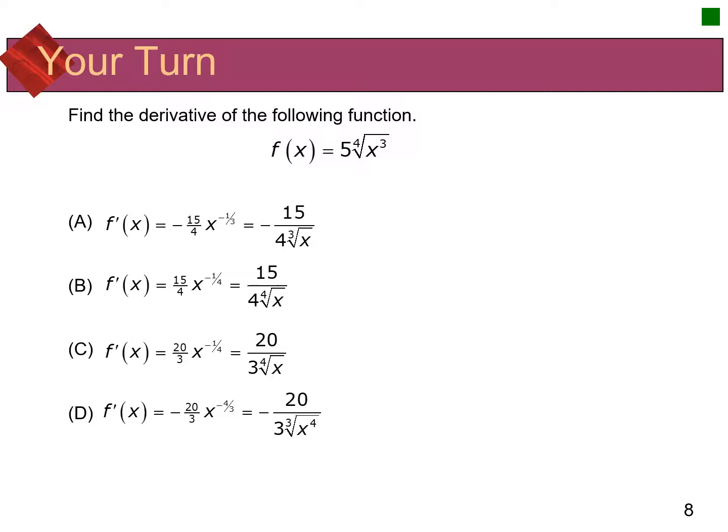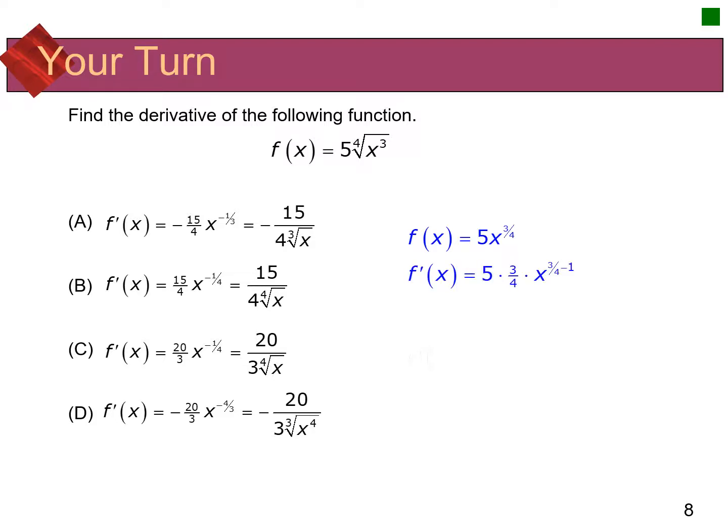So the first thing I do in this case is, instead of 5 times the 4th root of x cubed, I'm going to change this into 5 times x to the 3/4 power. Same thing. And now I'm going to use both the constant multiple rule and the power rule. That coefficient of 5 is going to go along for the ride.